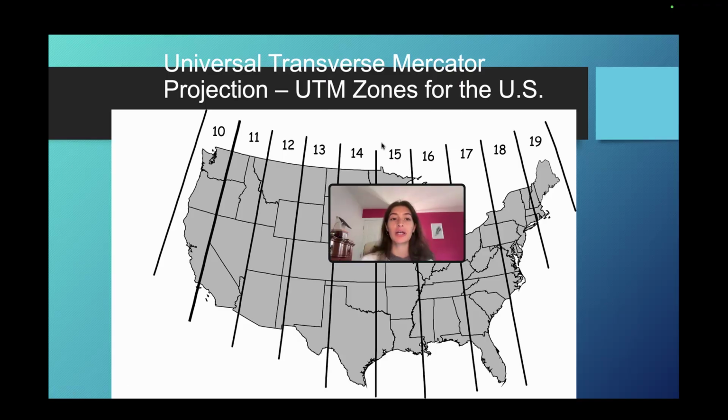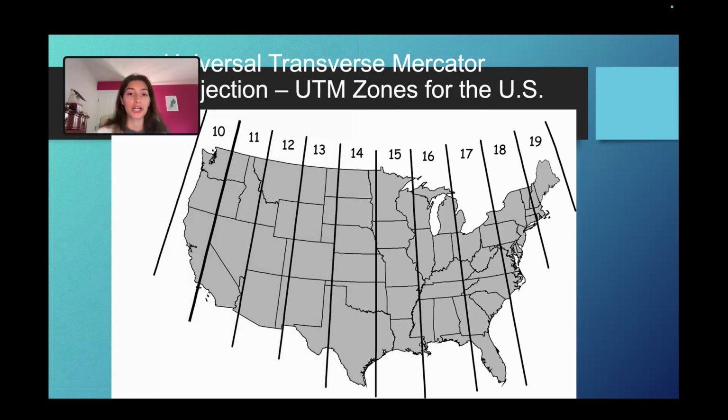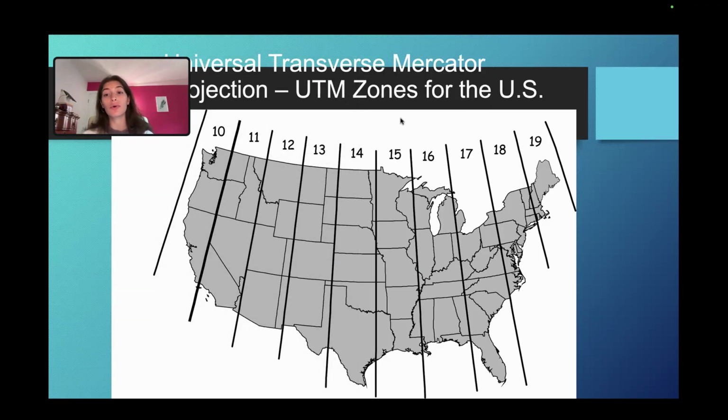You'll see over here the Universal Transverse Mercator projection, which is the UTM zones for the United States. You'll see that here in Virginia, we're split between Zone 17 and Zone 18. The state of California is split between Zone 10 and 11. Over here, Texas is split between 13, 14, and 15.